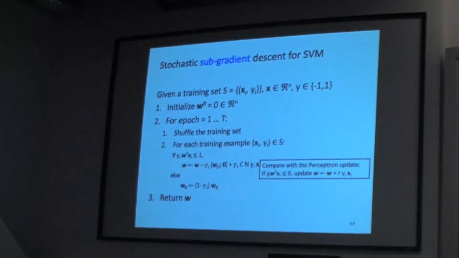Now for the stochastic version of SVM, these updates correspond to some subgradient of the training objective. Naturally, people would ask, does the perceptron update correspond to another type of subgradient of the training objective?